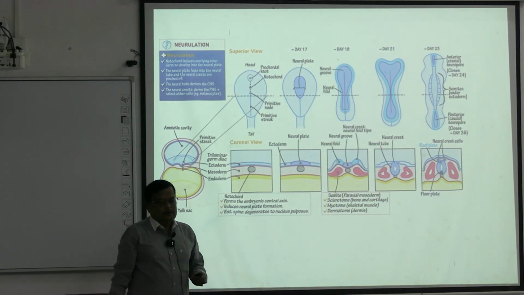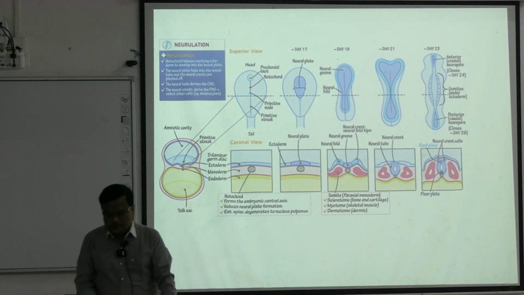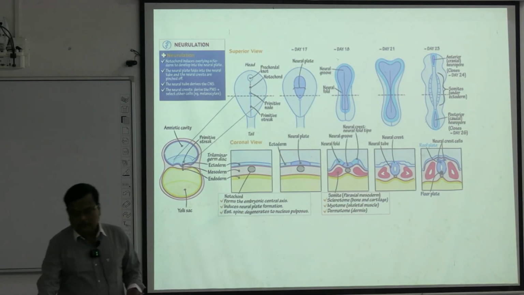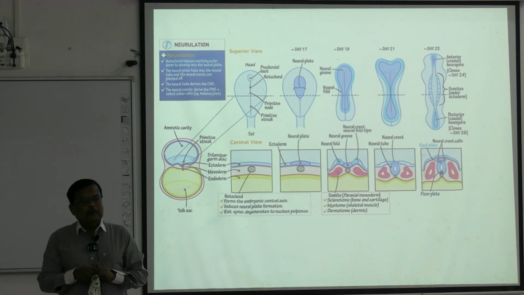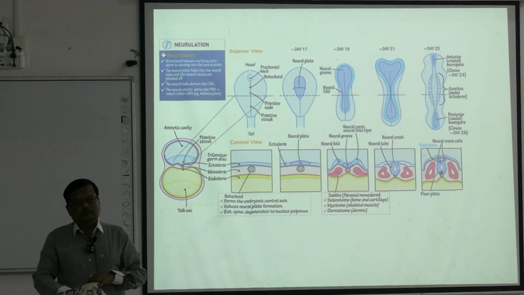Now I have brought another thing today, development of the central nervous system. Development of the central nervous system is also from the ectoderm.